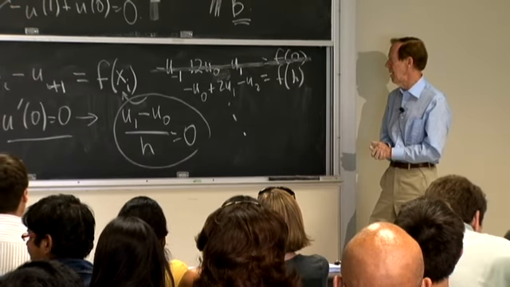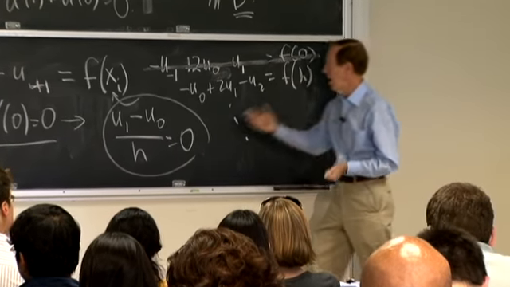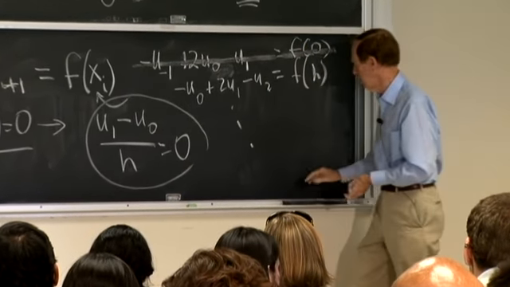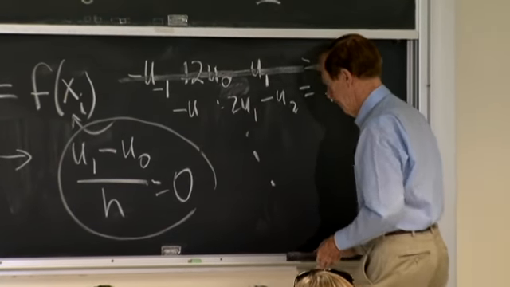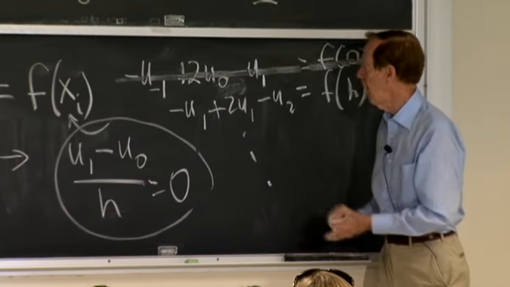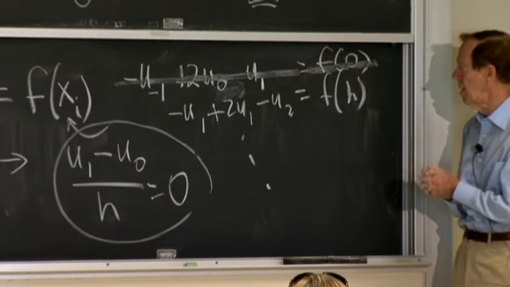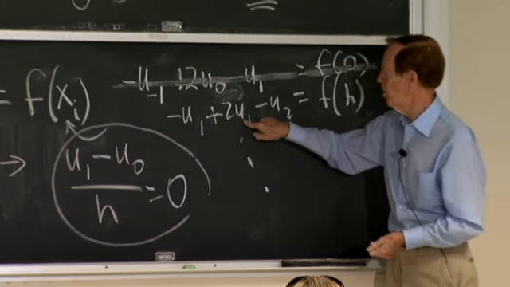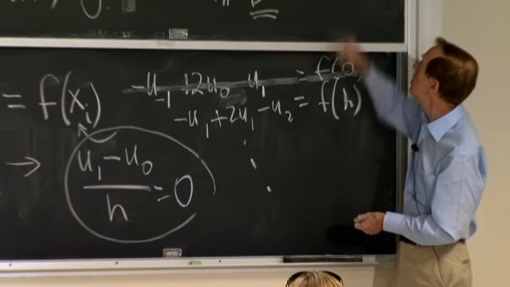Okay. So I'm going to use this boundary condition to say, well, if u1 is u0, I'm going to replace this u0 by u1. That's the direct way. I replaced that u0 by u1 in that first equation. And then what I have is minus u1 and 2u1, so that's the 1, and I have the minus u2.